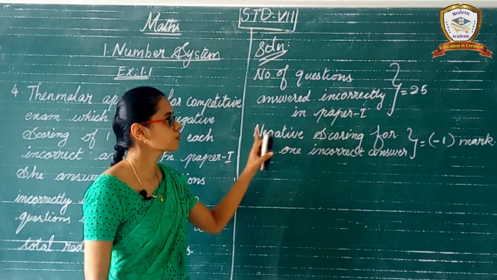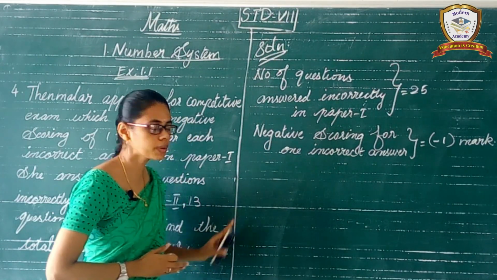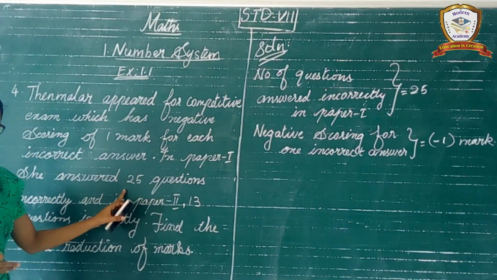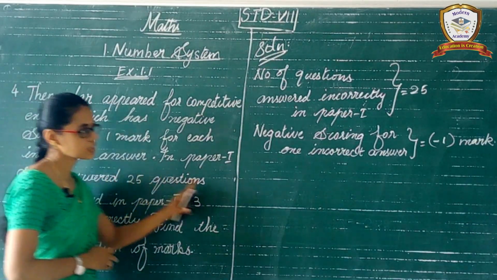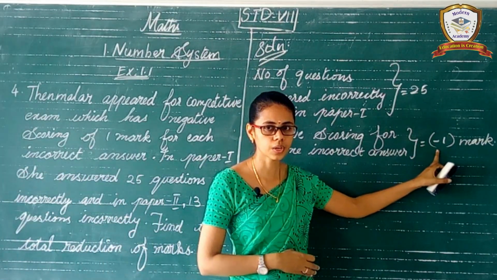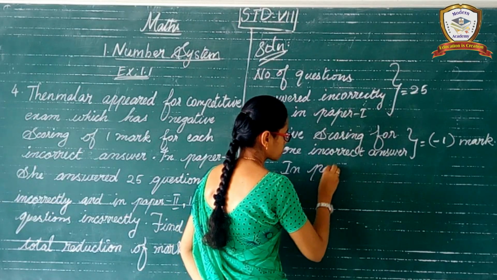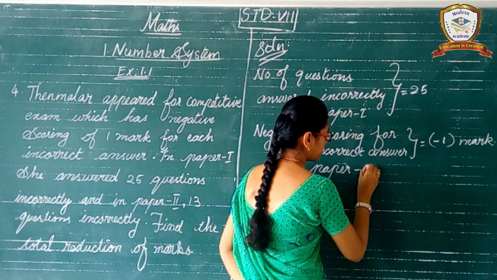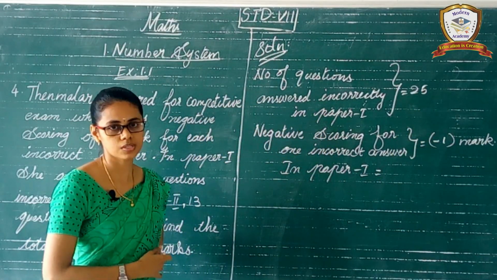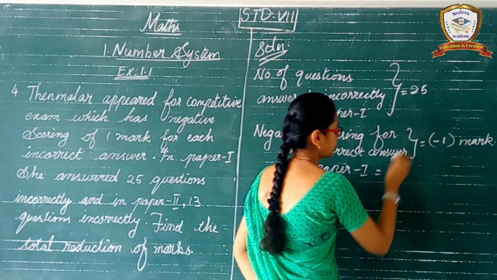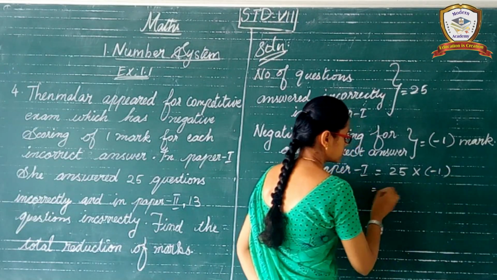Clear? See, number of questions answered incorrectly in paper 1, that is wrong answers: 25 questions, right? And negative marks for each wrong answer is minus 1 mark. So in paper 1 we need to multiply, to find the total reduction of marks: 25 into minus 1.